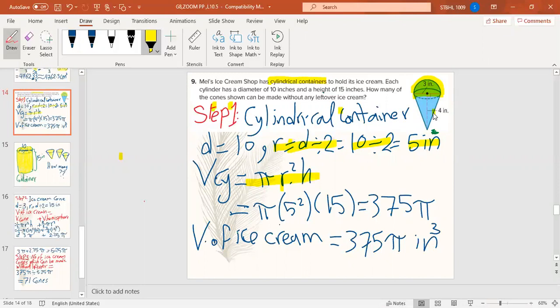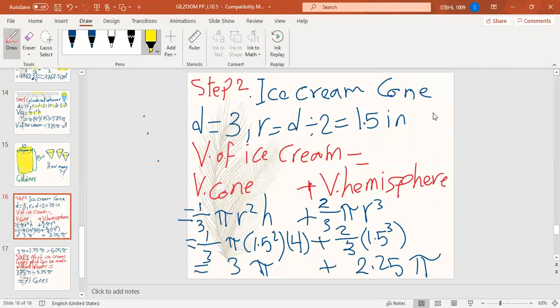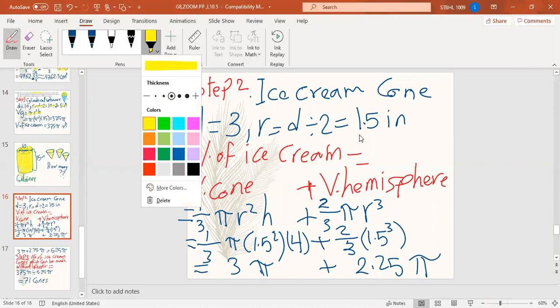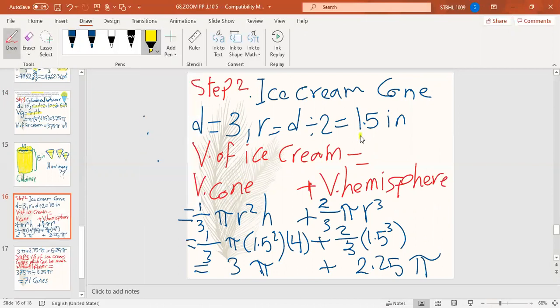The hemisphere and the cone both share the same diameter, which is 3. So we need to find the radius, which is d divided by 2 equals 1.5 inch.